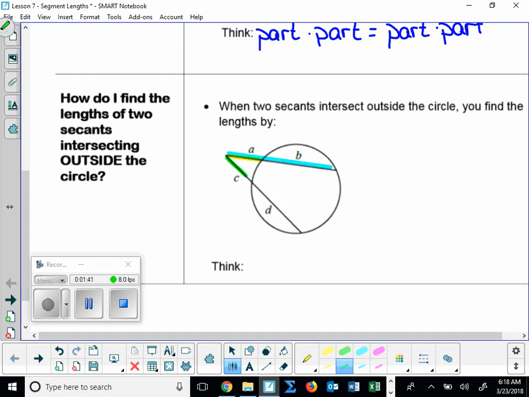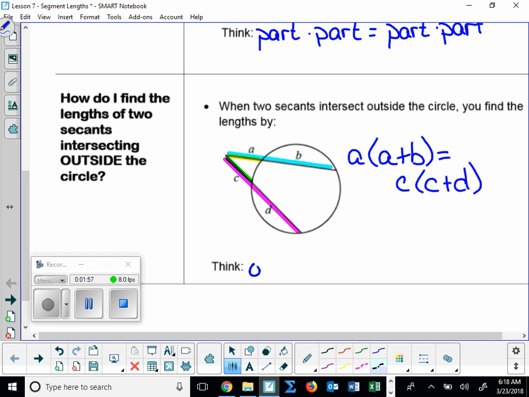So in this case, it's the outside times the whole equals the outside times the whole. Outside times whole equals outside times whole.